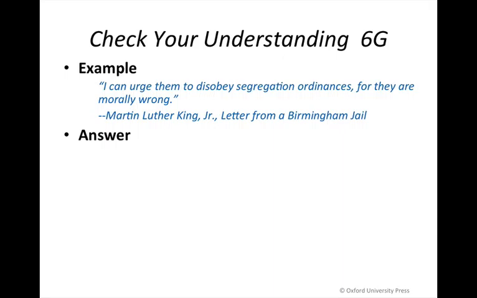So if you take a look at this example, you'll see that we have the premise indicator word for. For tells us that what's coming up is a premise. That means this first sentence, I can urge them to disobey segregation ordinances, is going to be the conclusion.